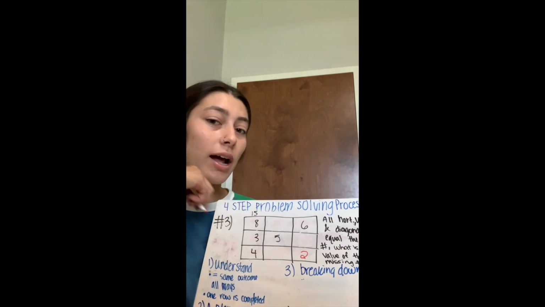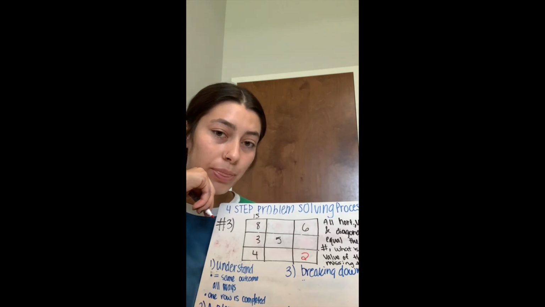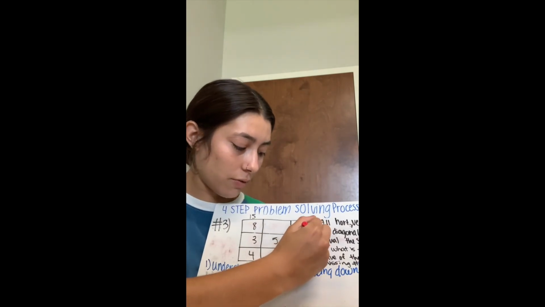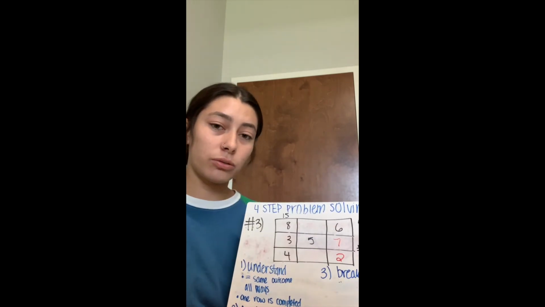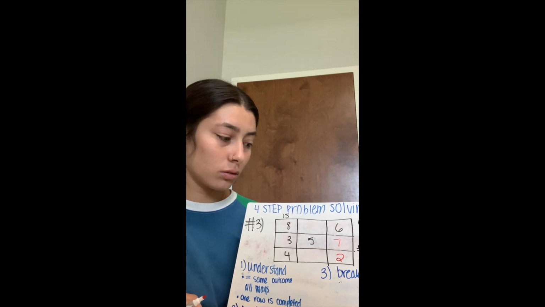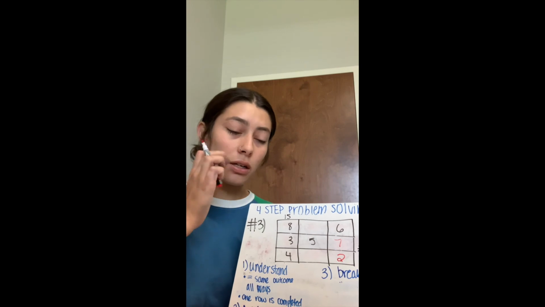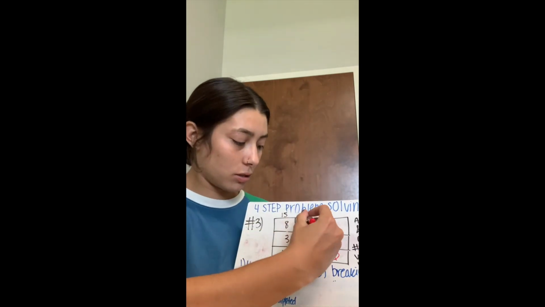So now we can add them, which is 7 and 8. So 15 minus 8 is 7. And then we're going to add these two, which is 14. So 15 subtracted by 14 is going to be 1.